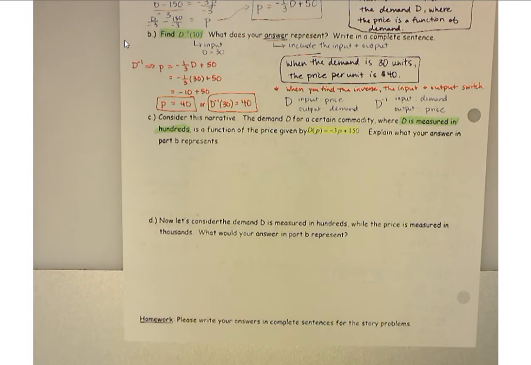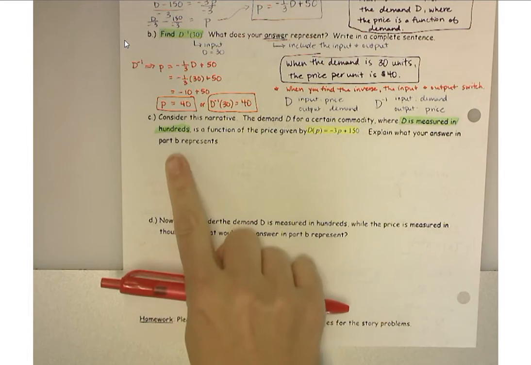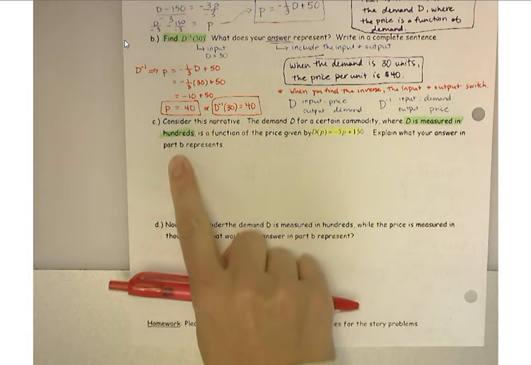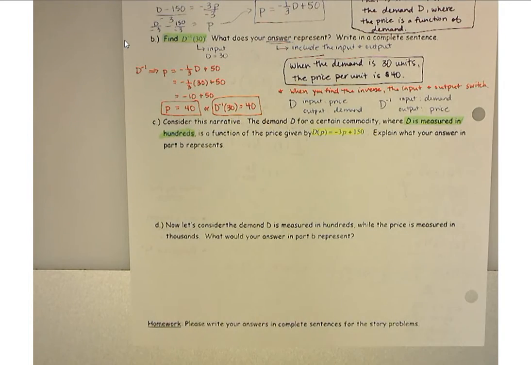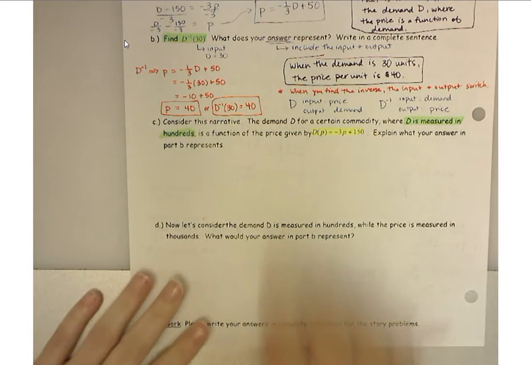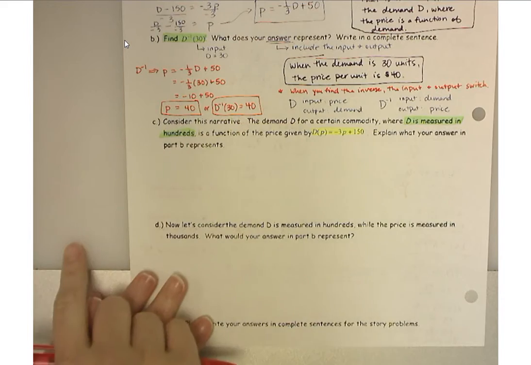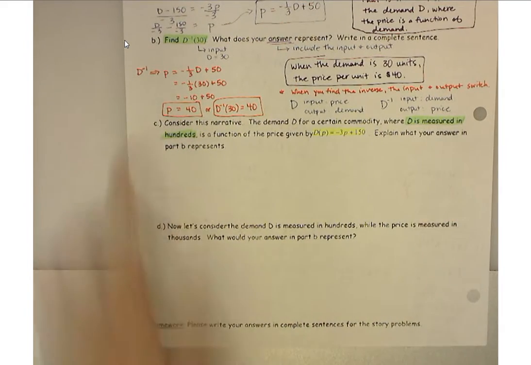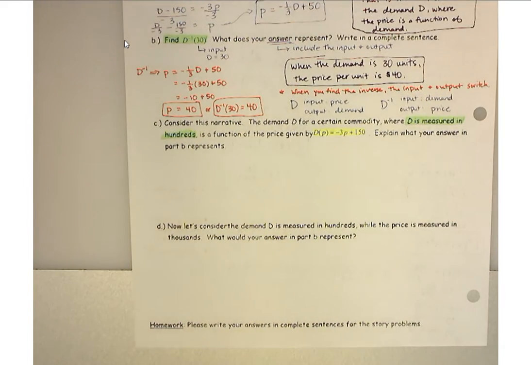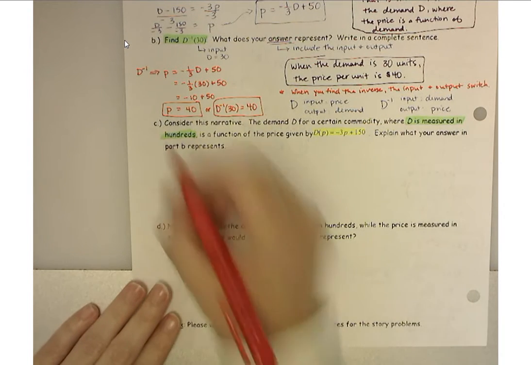Okay, so it says explain what your answer in part B represents. The first thing I want you to understand is even though your value of D is now measured in hundreds, your answer for part B is not going to change. You would still plug in 30, you'd still get out 40. Let's write that first.